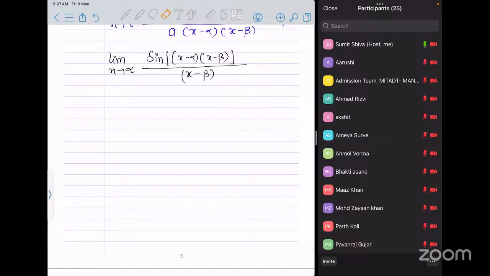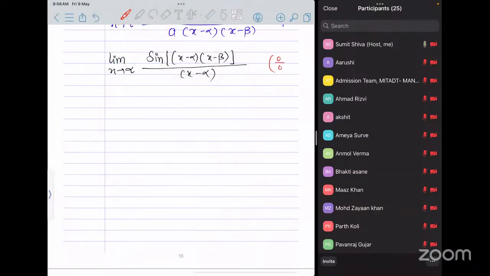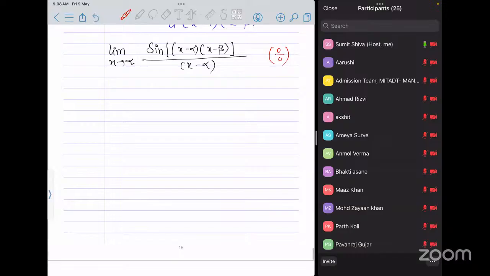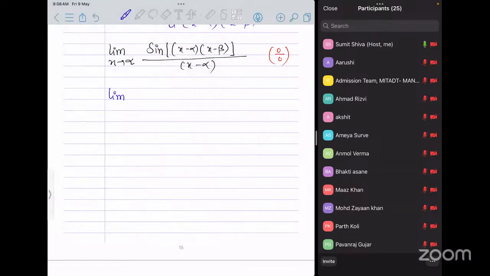Sorry, there has to be, let me write here, x minus alpha. So what will be the answer in this case? So this will be again 0 by 0 form. But this time, argument of sign and the function in denominator is not same. So you have to manage it. You have to arrange it. So this will be limit x tending to alpha, sine of x minus alpha times x minus beta divided by x minus alpha.